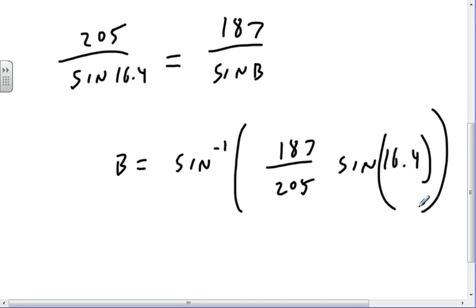All right, so arc sine of 187 divided by 205 times sine 16.4, close parentheses, equals 14.9. So B is 14.9 degrees.